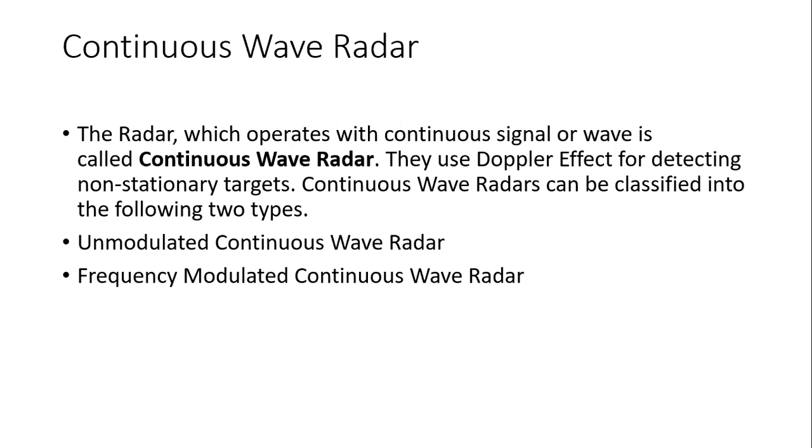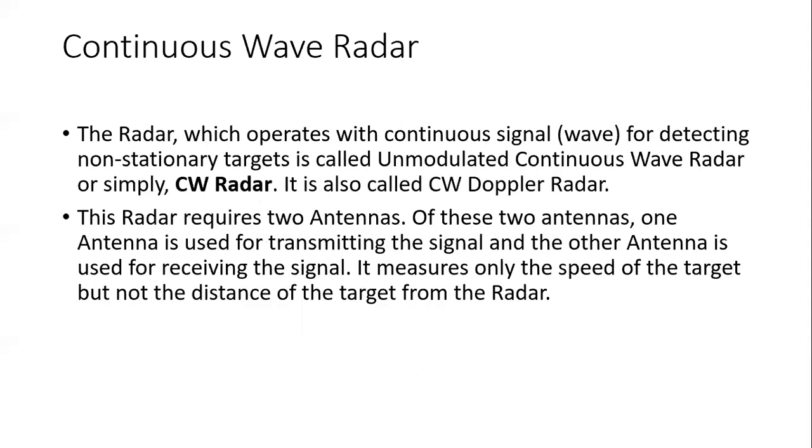Now, in continuous wave radar, the name itself says that we are going to send continuous waves. Here, again, we can use the Doppler effect. The Doppler effect can be used anywhere. With the help of continuous wave radar, you can also find the Doppler shift happening in the signals.